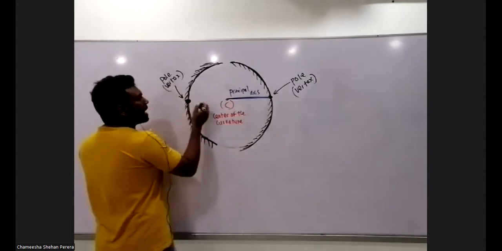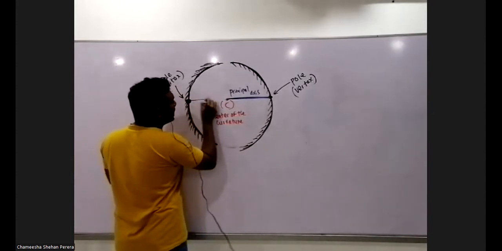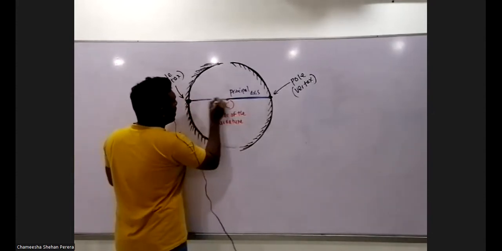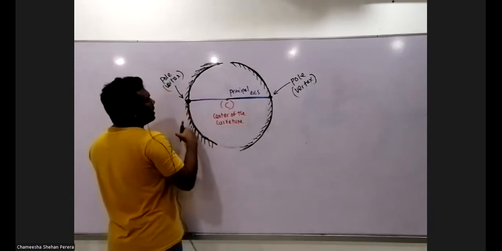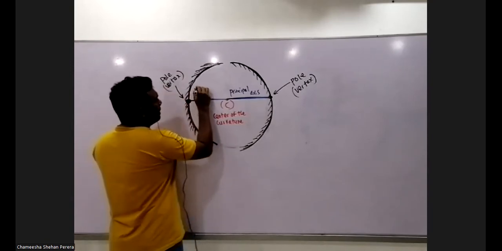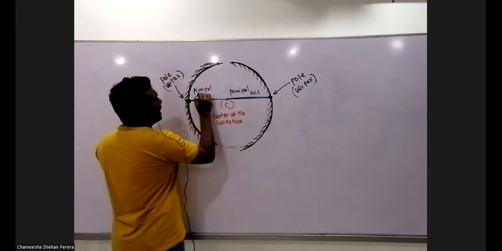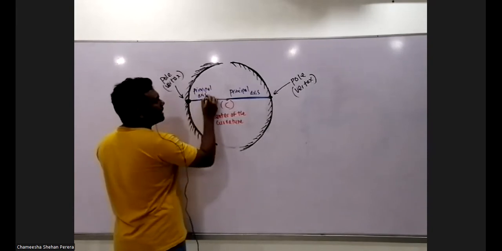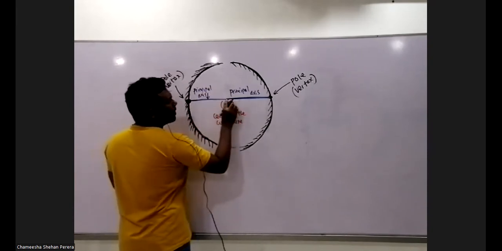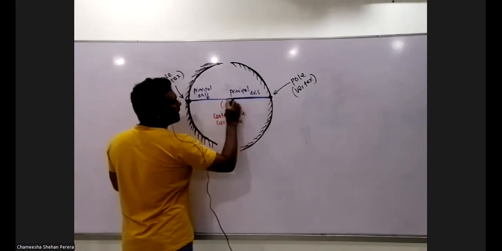From here also I can draw the same, from the center of curvature up to the pole. This is called the principal axis. Can you understand? This part is called the principal axis, the length from here to here.